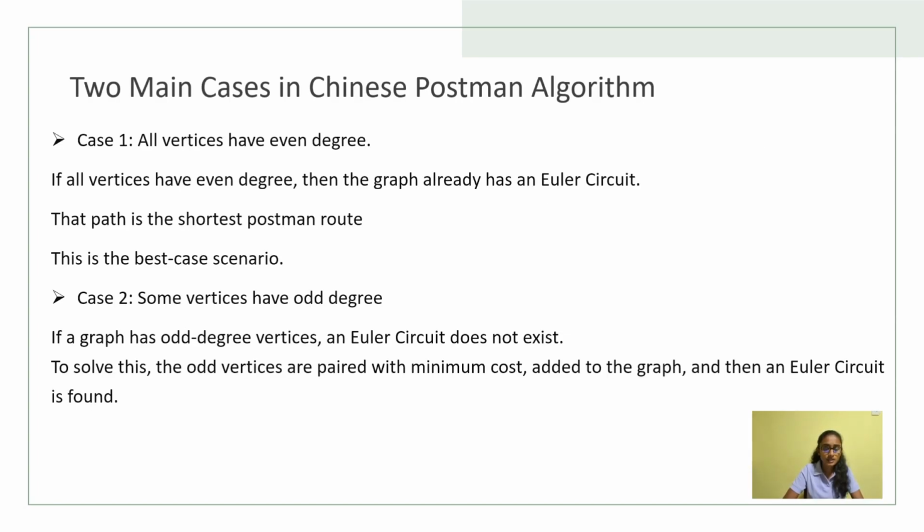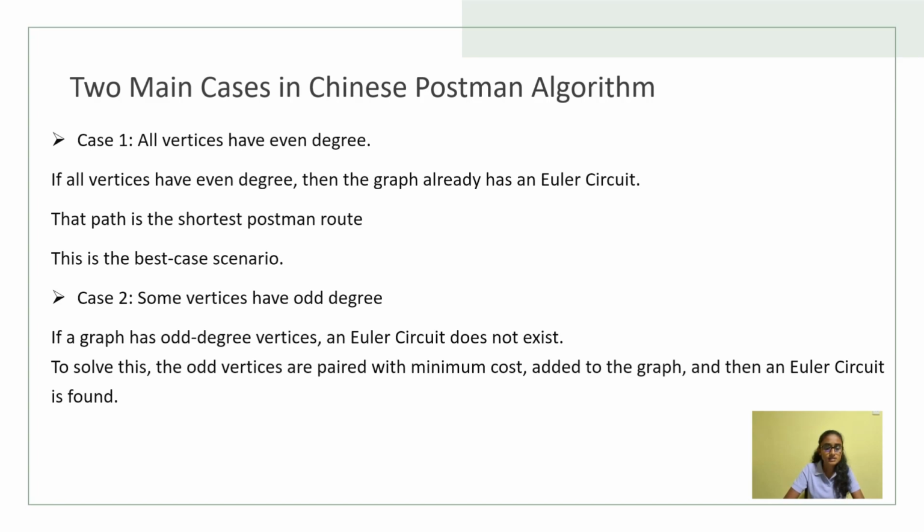There are two main cases in the Chinese Postman Algorithm. Case 1: all vertices have even degree. If all vertices in the graph have even degree, then an Euler circuit already exists. In this case, no extra work is needed. We simply find the Euler circuit and that path becomes the shortest postman route.